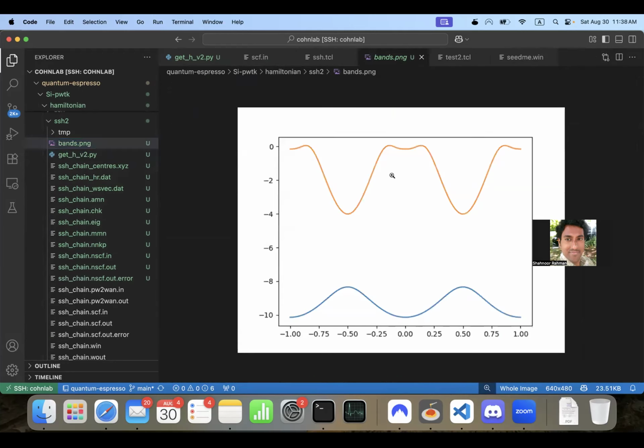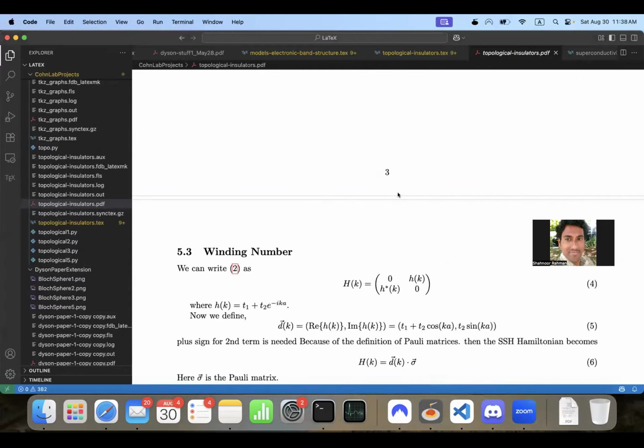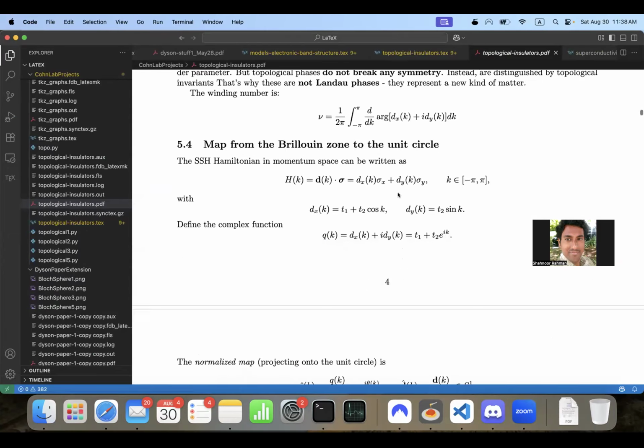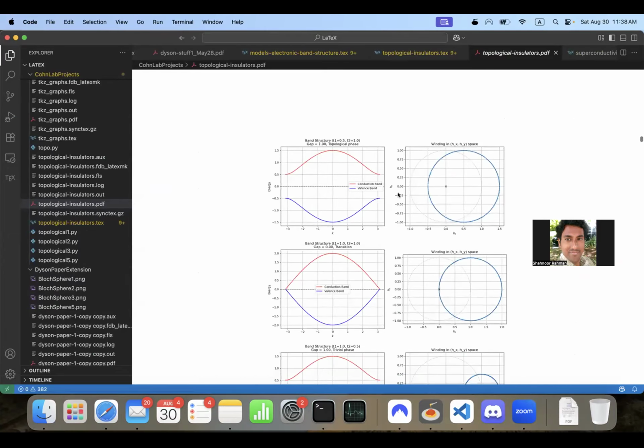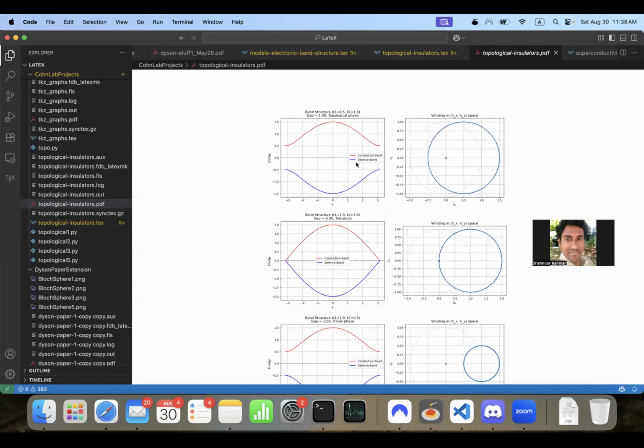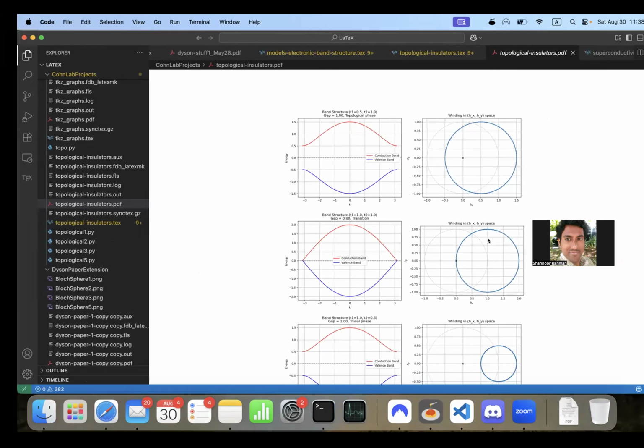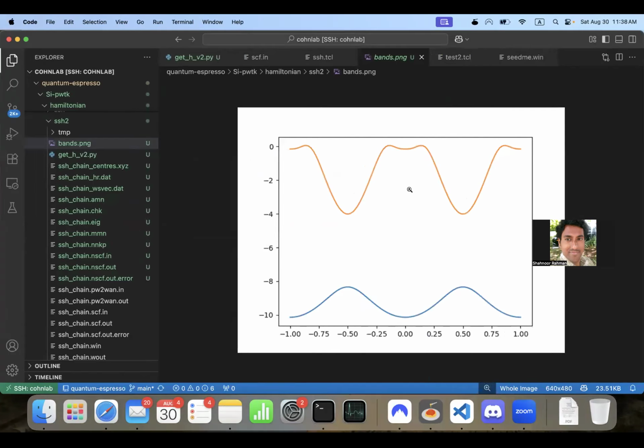And this looks very similar to the bands we had here for the trivial or topological case, the bands were like this. And here I have the bands. It looks a little different, but they're similar. The reason for this difference is that we need to tune those parameters properly.